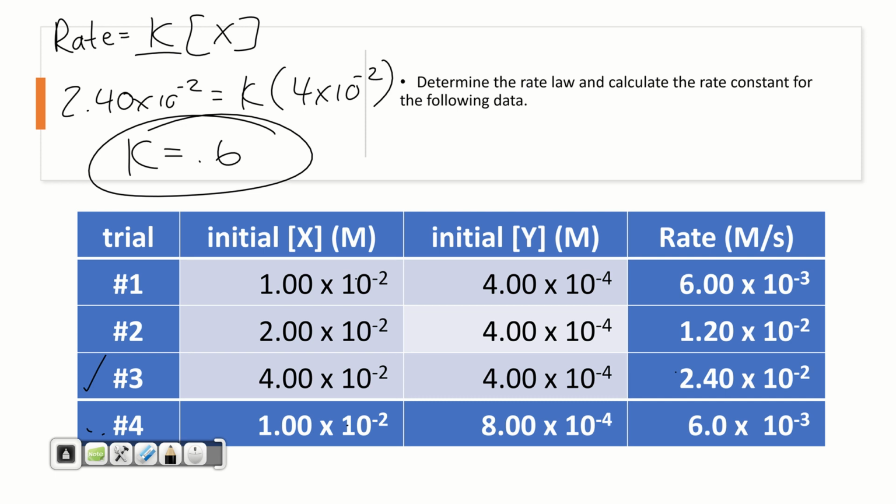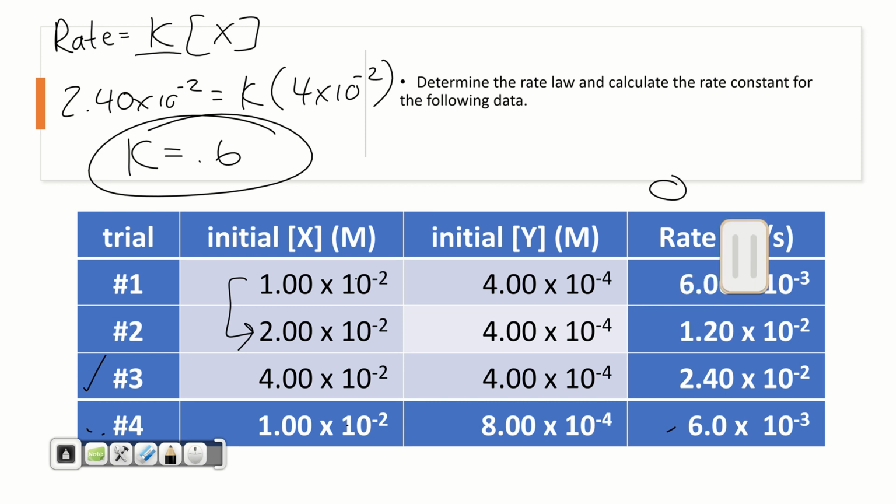All right? So again, you're only looking for these relationships. If the concentration does not affect the rate, the rate order is 0. If the concentration doubles or triples or quadruples and the rate does the exact same change, that means you have a rate order of 1. If they change evenly.